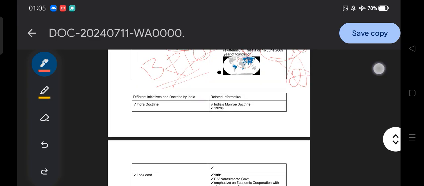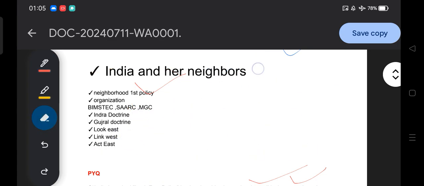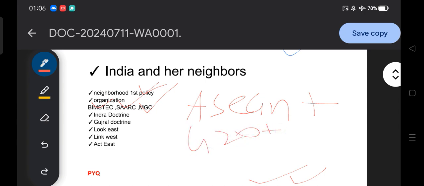So guys, the time is now enough and I want to stop here, because I have some research work also. Let me tell you again what we have discussed: the neighborhood first policy. Under that we have discussed BIMSTEC, SAARC, MGC, along with ASEAN. Plus we have discussed the G20 developing nations, IORA, and BBIN.